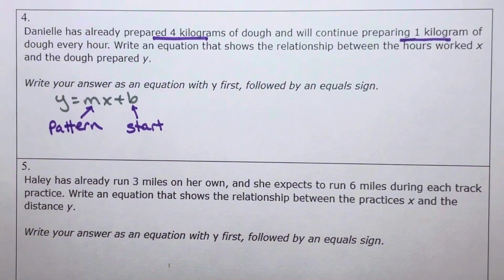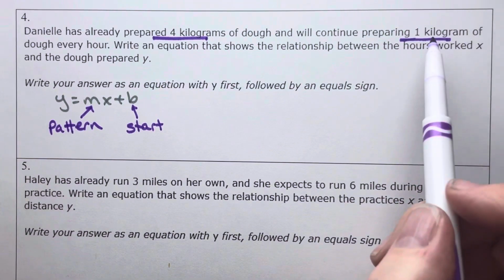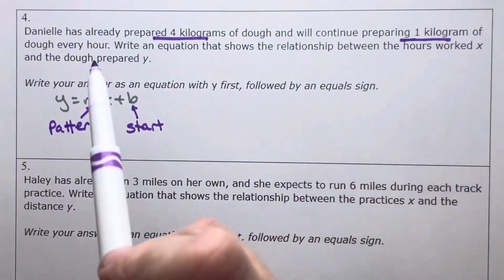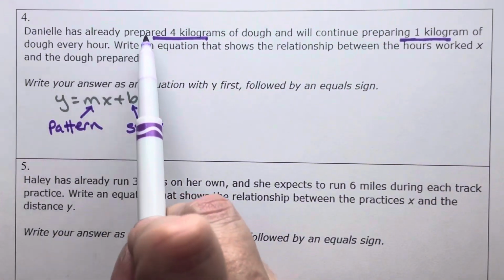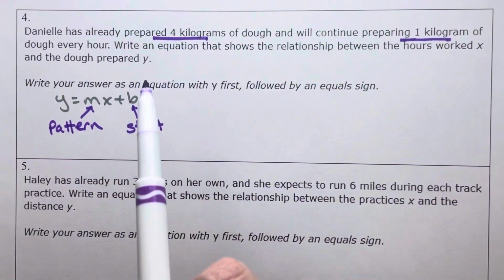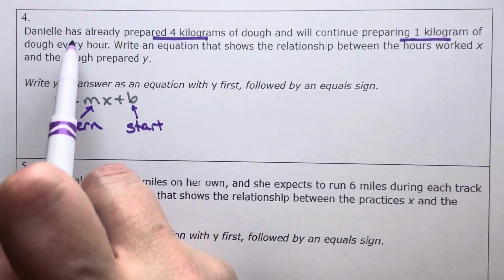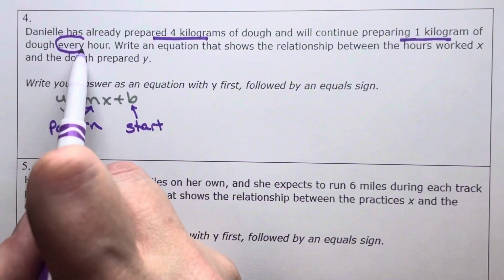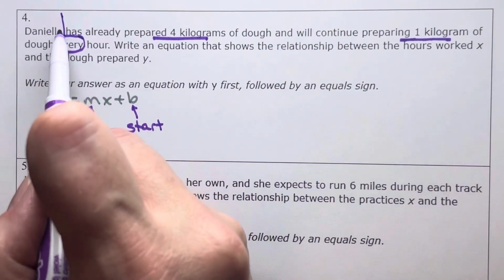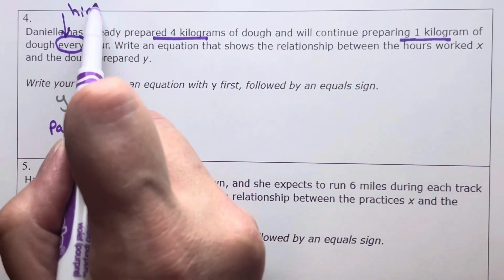So let's write that equation. Okay, so 1 kilogram of dough every hour, 4 kilograms already. We saw earlier in the lesson hint words like every. So this is our hint.